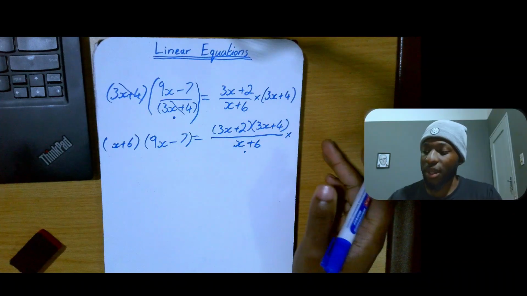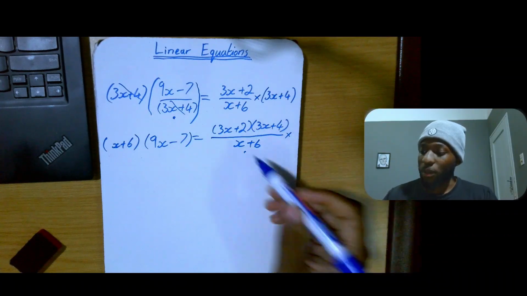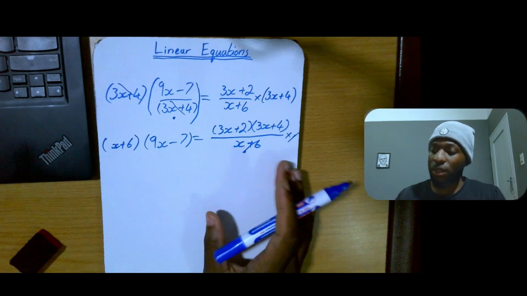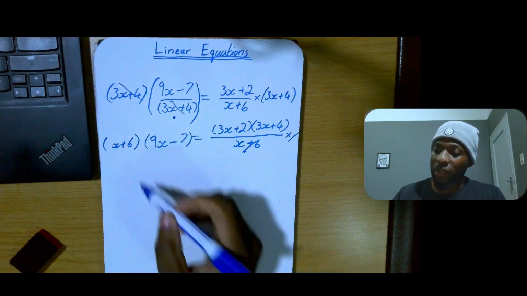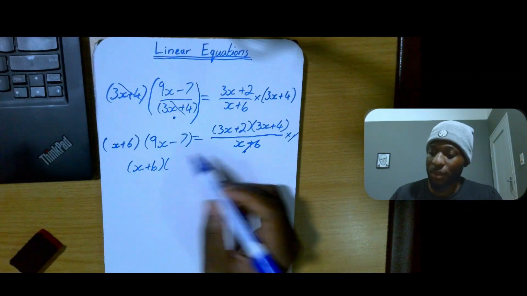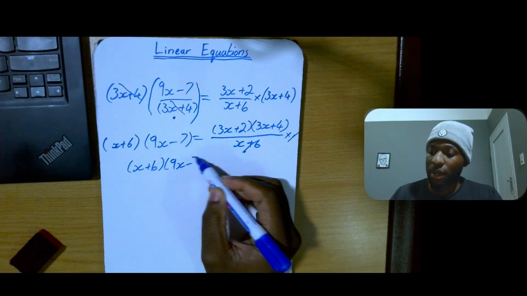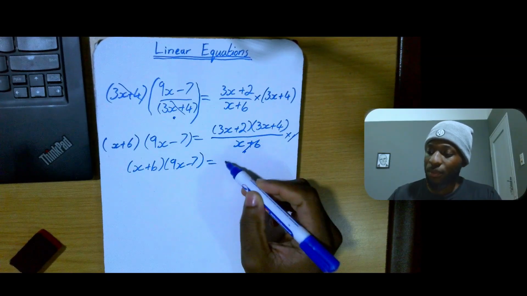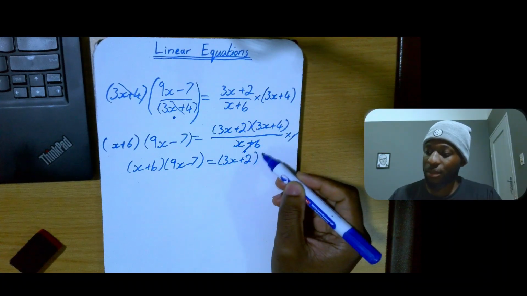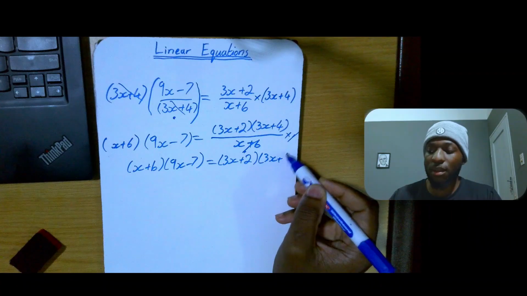I ran out of space, but we get the idea that the multiplication will cancel this out, and we'll be left with x plus 6 multiplied by 9x minus 7 equals 3x plus 2 multiplied by 3x plus 4.